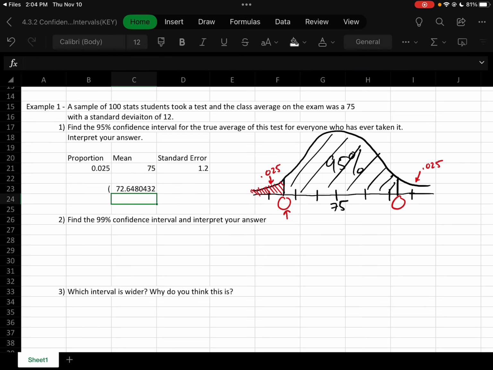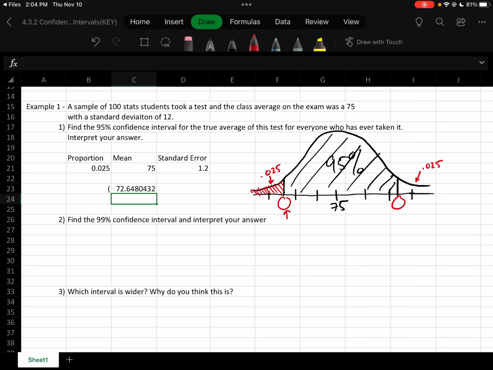So that gives me 72.648, and so I know that this value was actually 72.65.